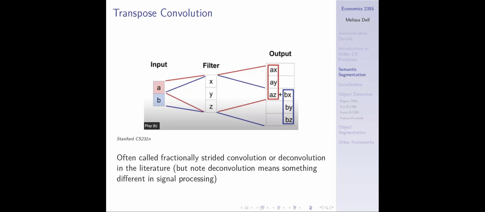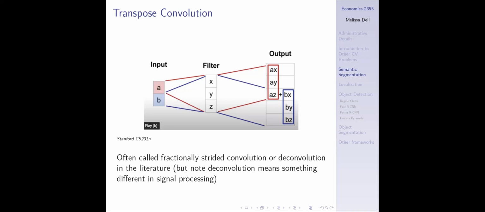Sometimes in the literature, you'll see this called fractionally strided convolution or deconvolution. Deconvolution is very common, but that may be confusing if you have a signal processing background, because the term deconvolution is actually used in that literature, which is much older, to refer to the inverse of the convolution operation, which this is not. So just don't get confused if you see that.